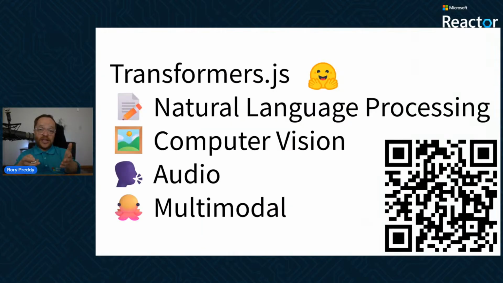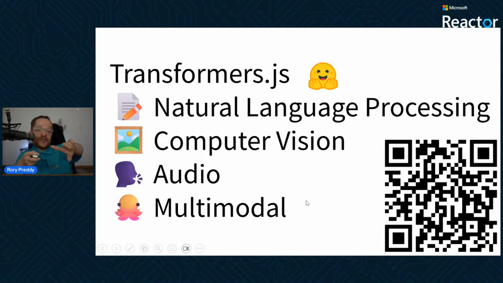And the technology we're going to use is actually used by Hugging Face, run by Hugging Face. You can just go and snap that QR code there. It'll give you a lot of demos. And we're going to use the multimodal image recognition of the transformers.js.